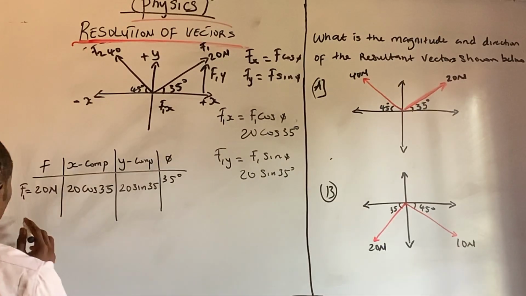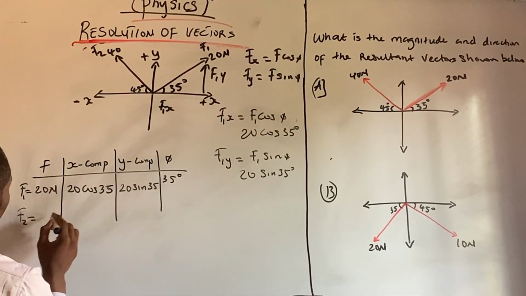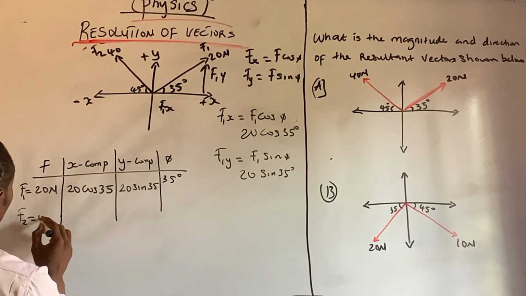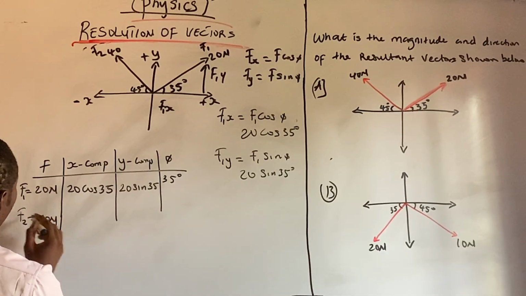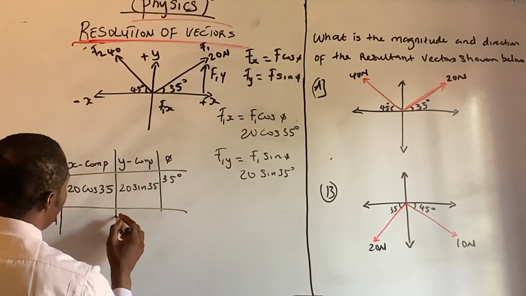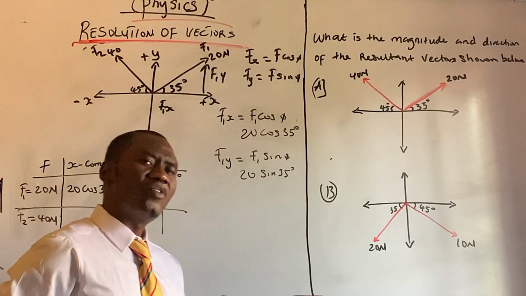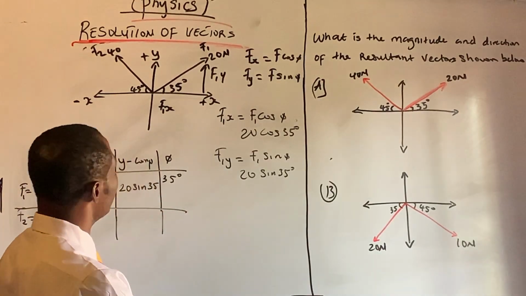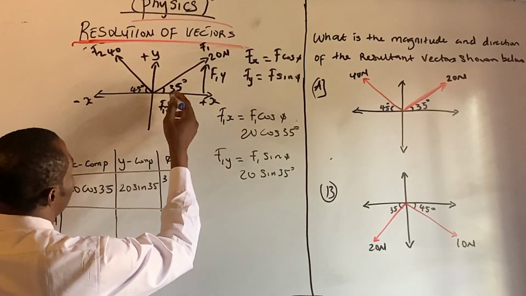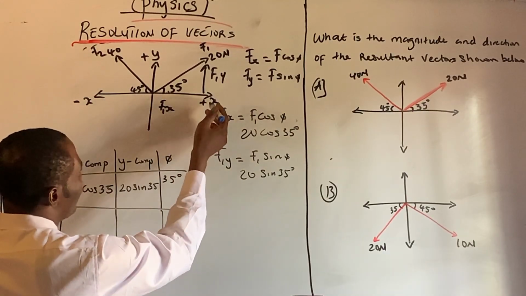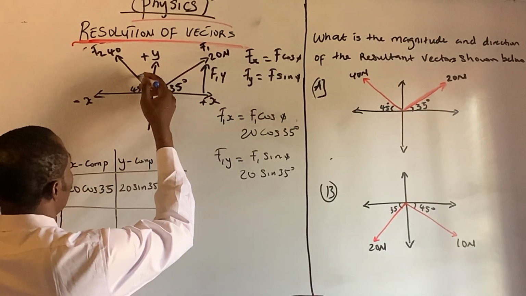So let's go to F2. For F2, what we have there is 40 Newton. Now, for F2, we have an angle which is 45 degrees. For us to know, we should note that the angle is measured starting from the positive x-axis to this direction.